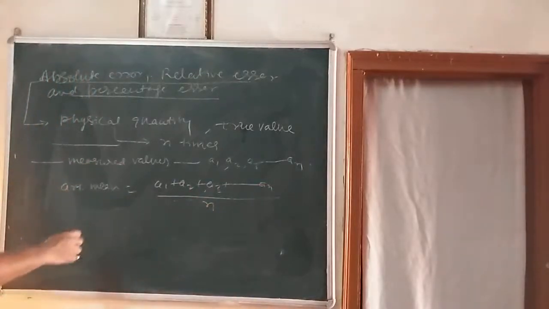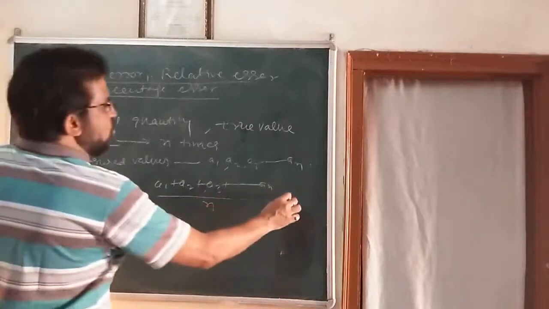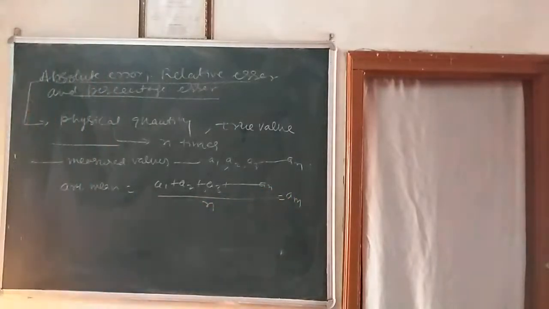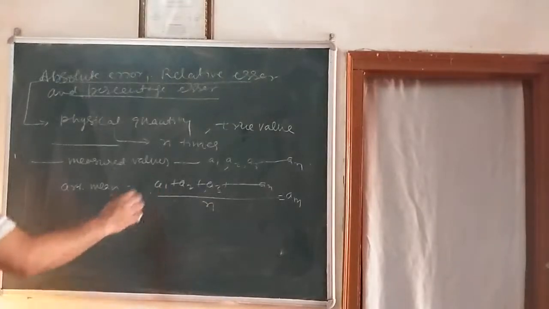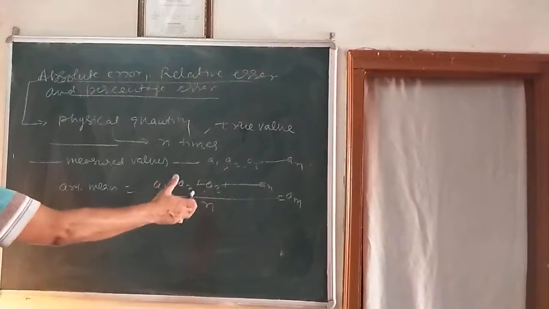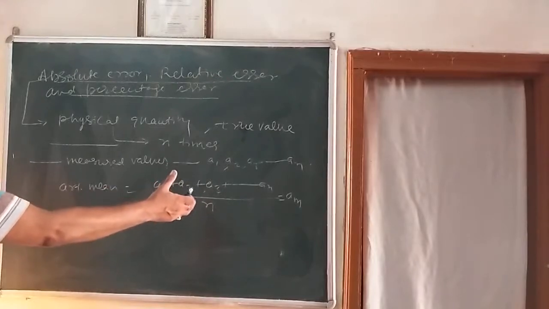The value which you get here is called the arithmetic mean, that is Am. This arithmetic mean Am is the best possible value of the quantity.